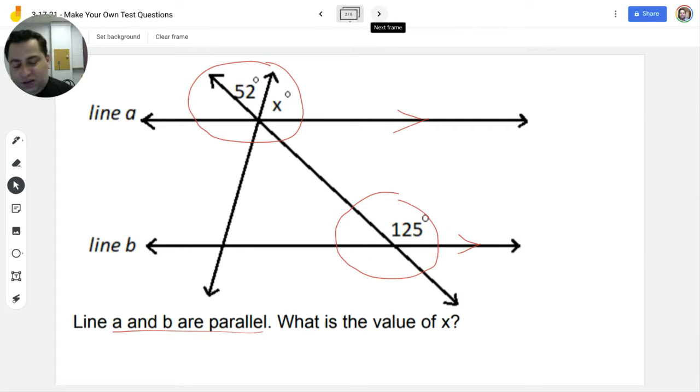They gave me 125 degrees in this larger angle to the right. So if I'm looking at the exact copy here, this angle right here is also going to be 125 degrees.